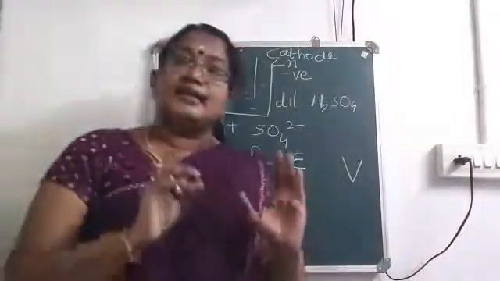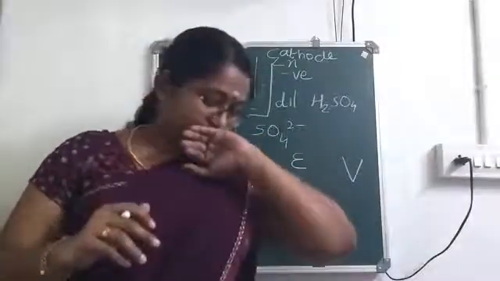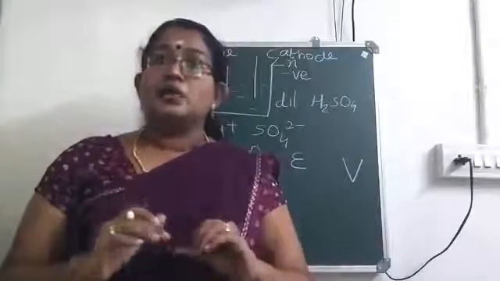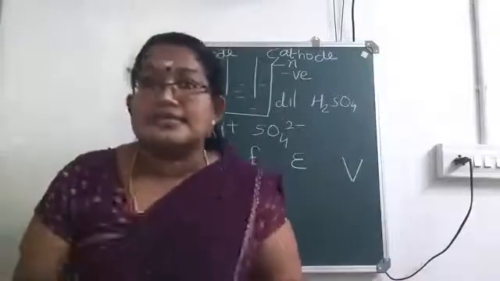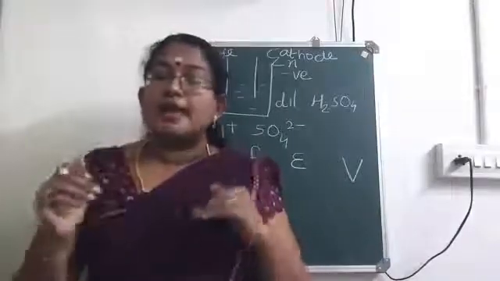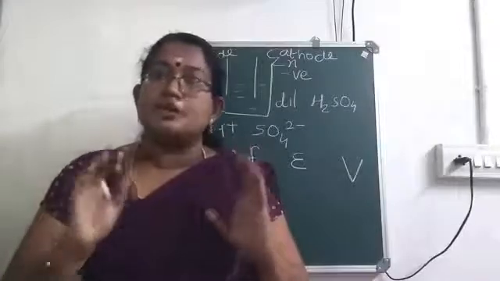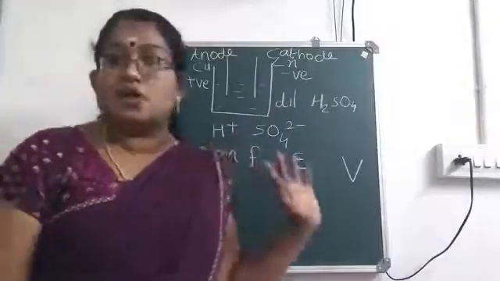We know that a cell converts chemical energy into electrical energy. The two electrodes dipped in an electrolyte make a cell. Due to the chemical reaction inside the cell, a constant potential difference is maintained between the electrodes.